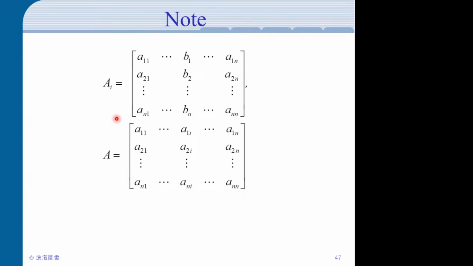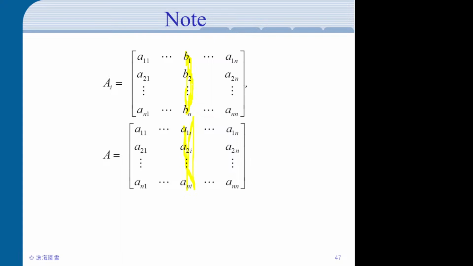So your A is this thing, and we have the ith column here, and A_i is where you replace it by the B vector.